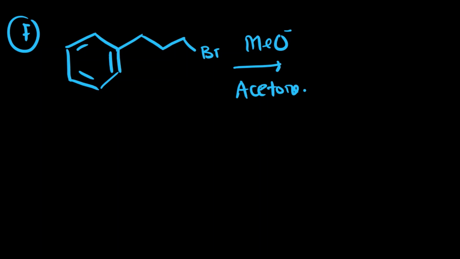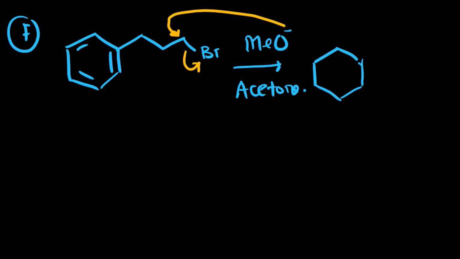So this, let me use another color, this will come, attack from behind, this leaves. What you're going to have is this product here. All right, so now you have an ether that is formed from this reaction.